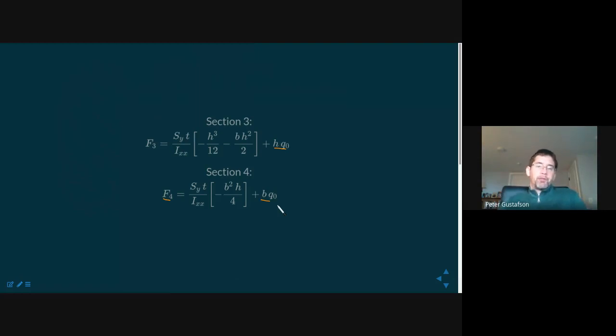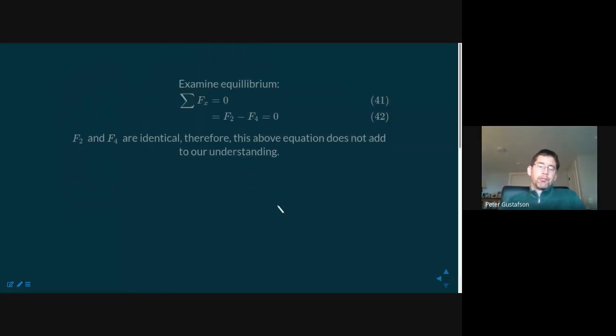Okay, and of course the next thing to recognize is that equilibrium has to apply.